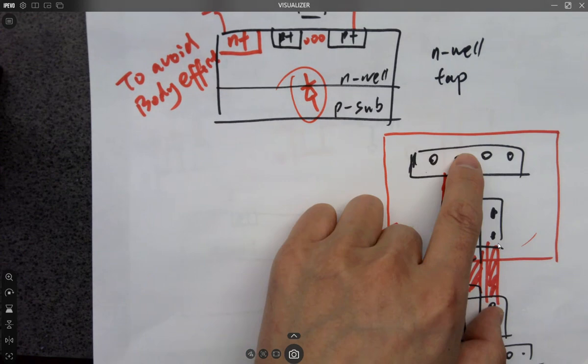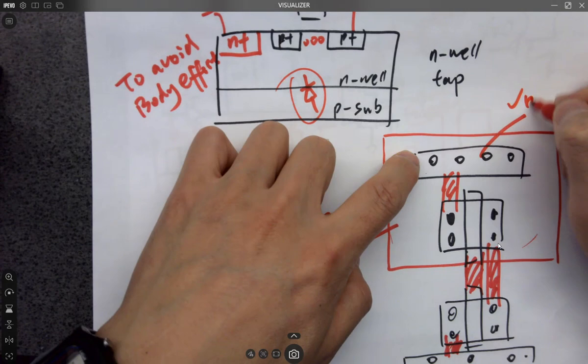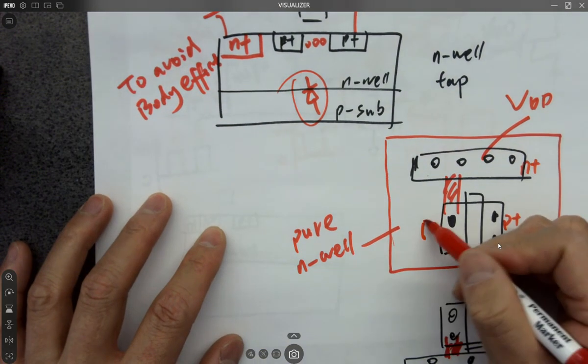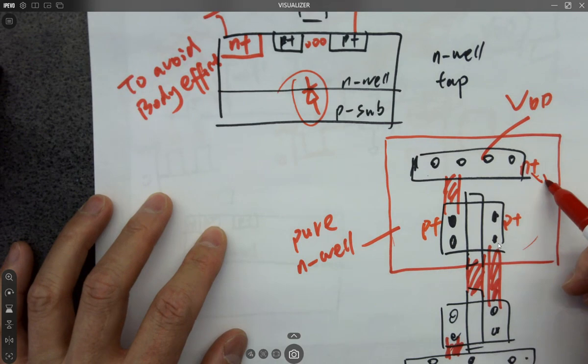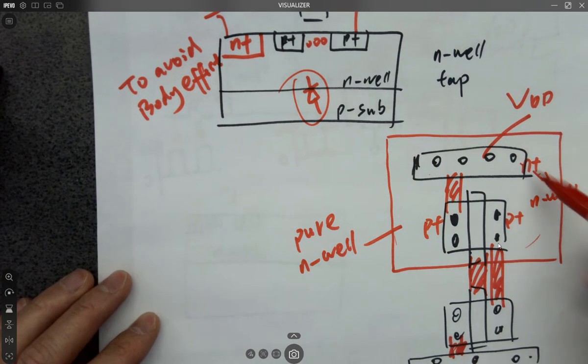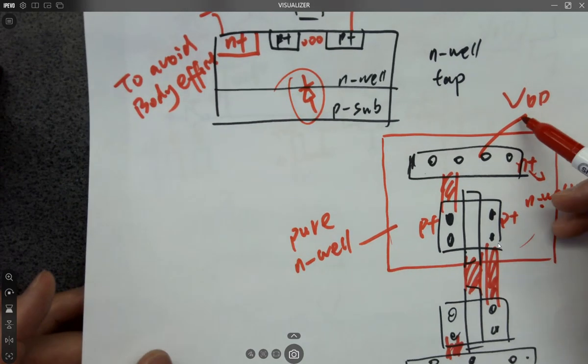So what's the signal line here? VDD, right? So these are the N taps, this is the N plus. These are P plus, PMOSes. And that's the N plus. N plus shorted to the N well. It's called the N tap. So we want to short the N tap or the N well to the highest potential of the circuit to avoid body effect, to avoid forward biasing of the diodes.